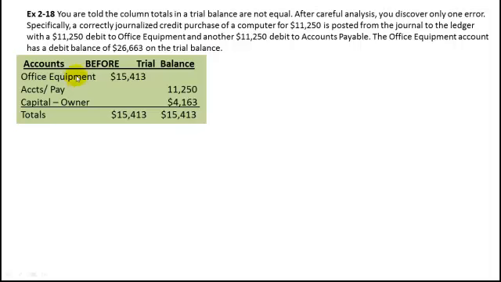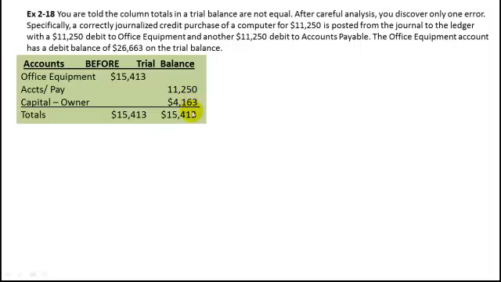The equipment account on a trial balance before this transaction was $15,413. We have to assume that accounts payable is $11,250, and I'll talk about that more in just a second.